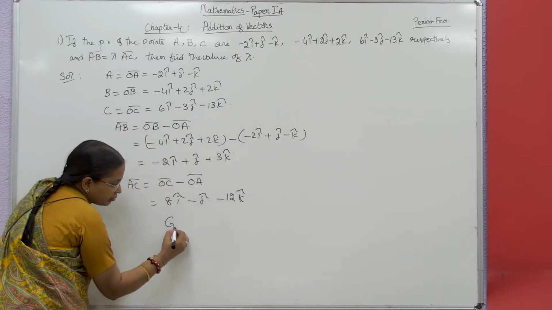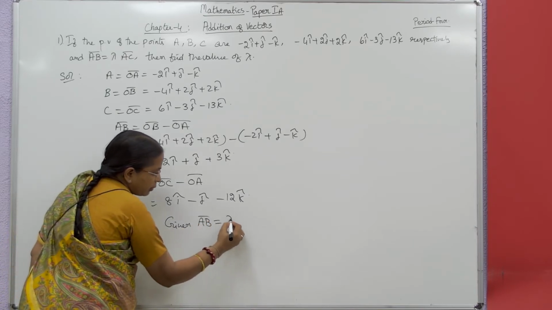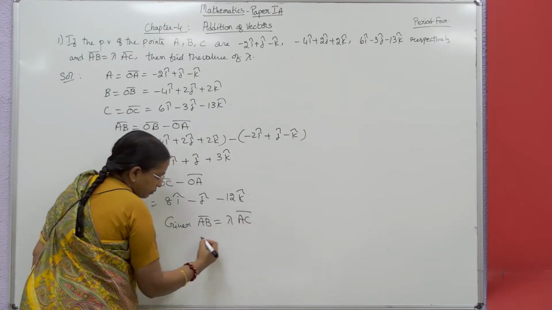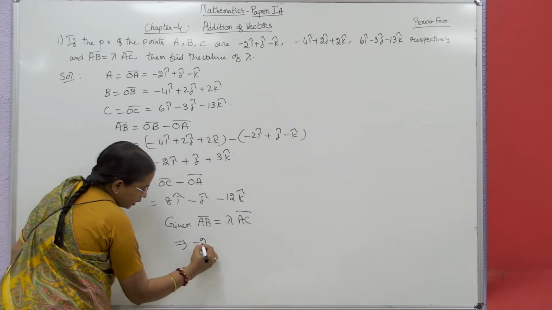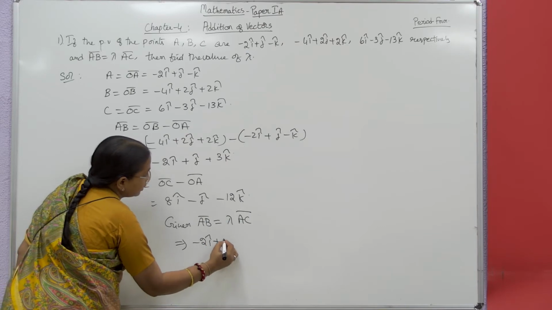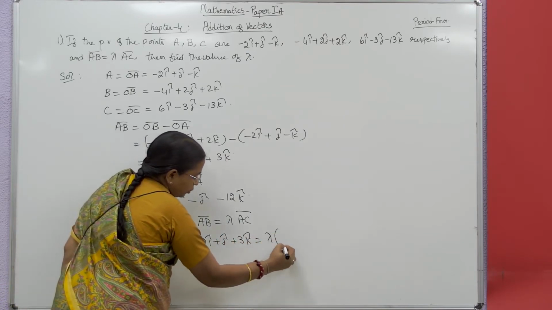Now what is given to us? You are given that AB is equal to lambda times AC. So what is AB? Minus 2i plus j plus 3k. This is equal to lambda into AC.